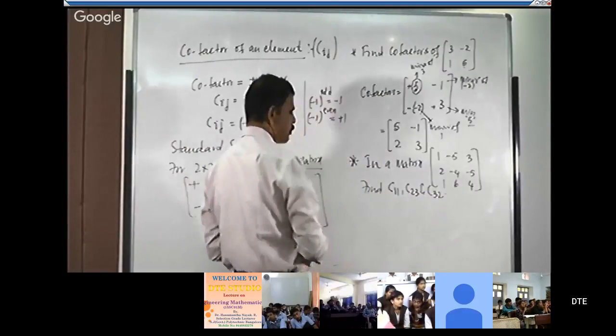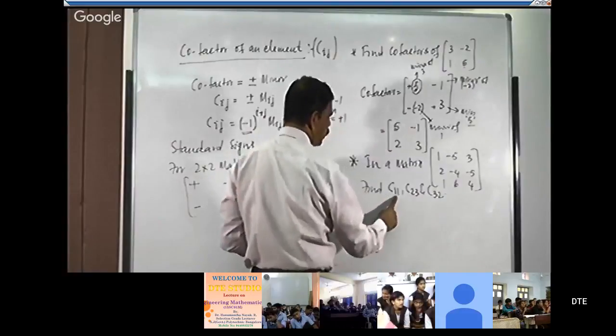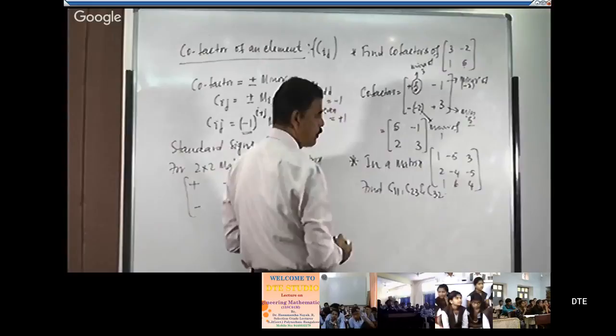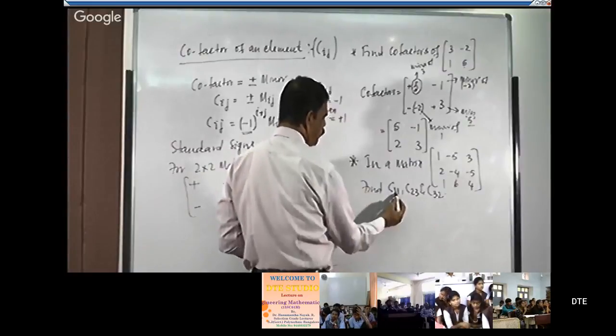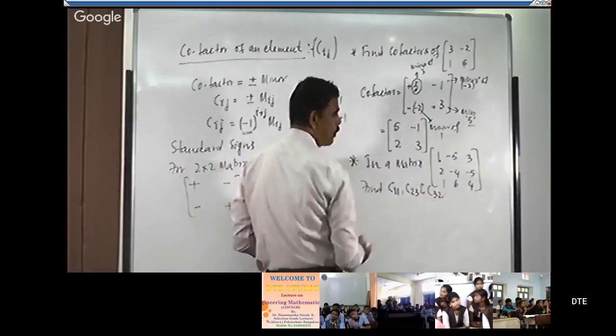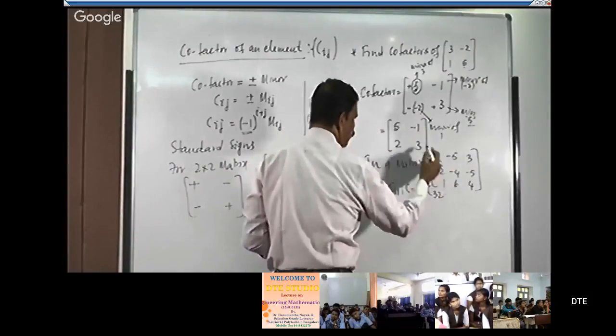So what is the cofactor of 1 1? First identify for which element we need to write the cofactor. The element which lies in the first row, first column is 1.